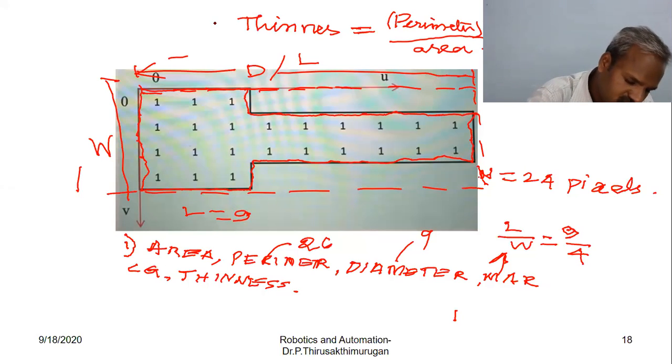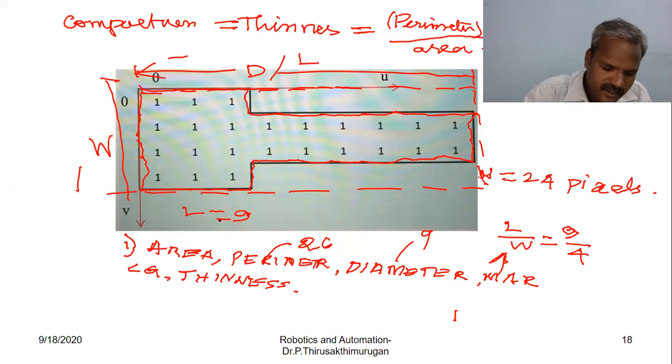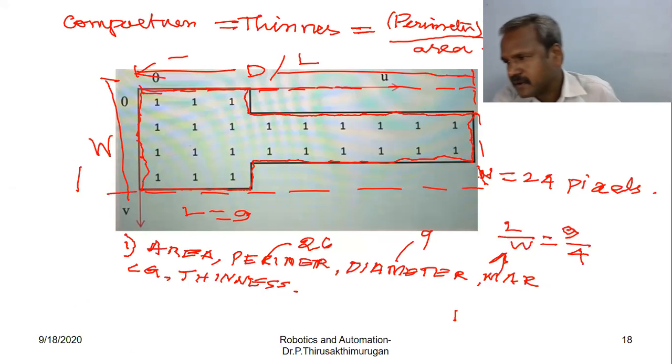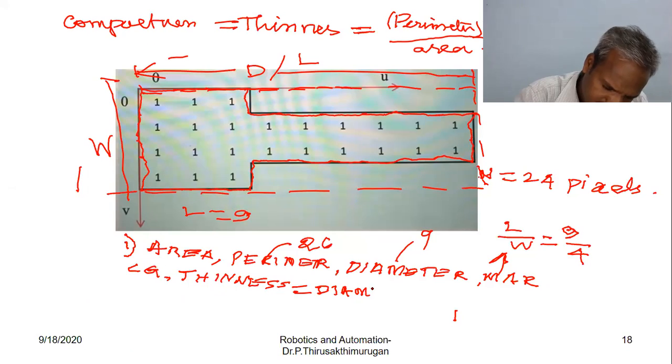This is also called compactness. Similarly, diameter by area is also called thinness. Thinness equal to diameter by area.